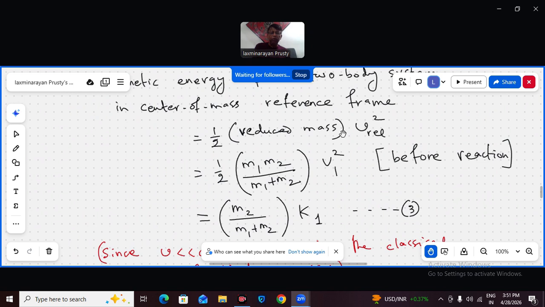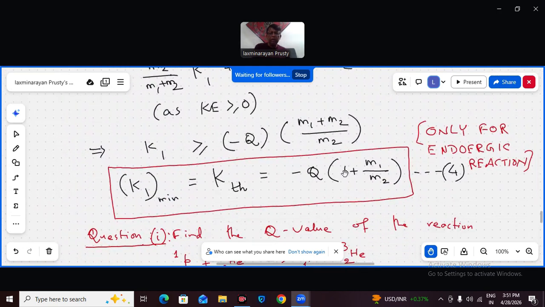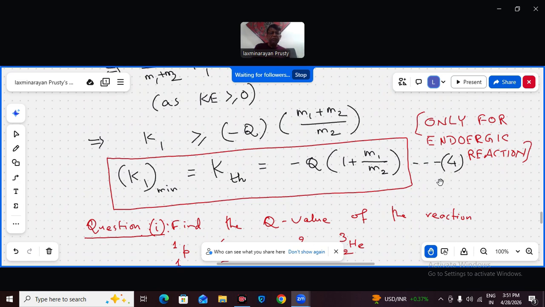It is half mu v relative squared, where mu is the reduced mass. It should be remembered by you. You should have derived it by now. And this is the threshold kinetic energy expression.